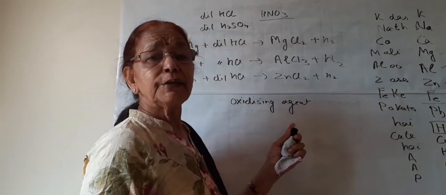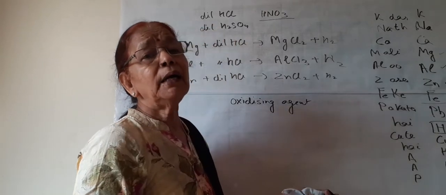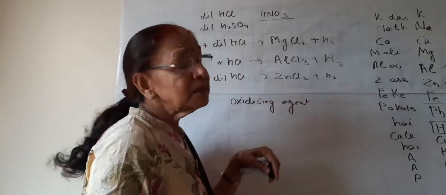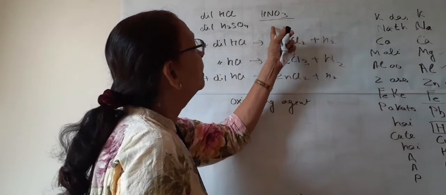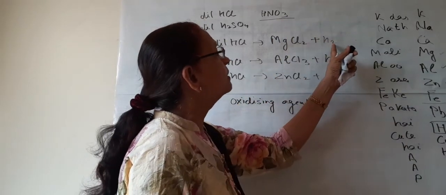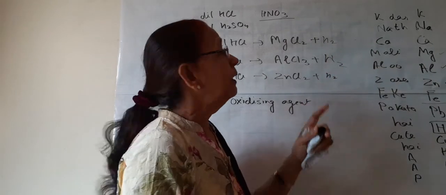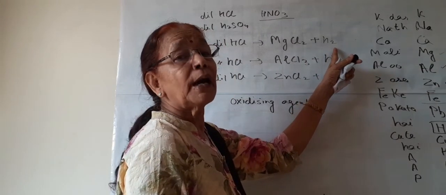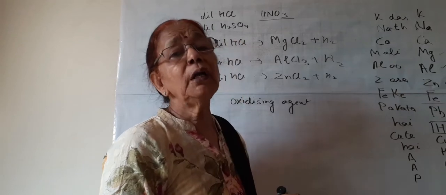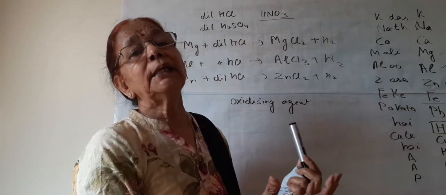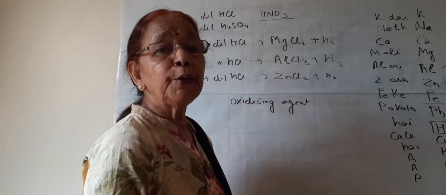What is an oxidizing agent? An oxidizing agent supplies oxygen for the reaction. If HNO3 is taken, it will supply oxygen, and instead of hydrogen, water will be formed. It oxidizes the hydrogen into water and forms other nitrogen oxides like NO2, NO or N2O.